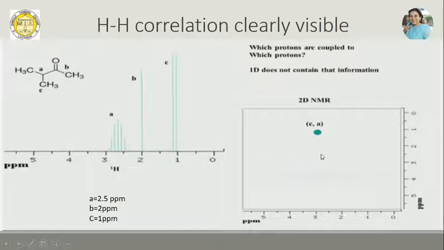You may say that this particular information is easily available if we look at proton NMR. In the 1D proton NMR, there is something known as J coupling, and we have studied that if the J coupling is the same, that means the two protons are splitting each other. But this can be applied in simpler molecules. Once the molecule becomes big, there are too many couplings happening, and then a 2D NMR is very useful.